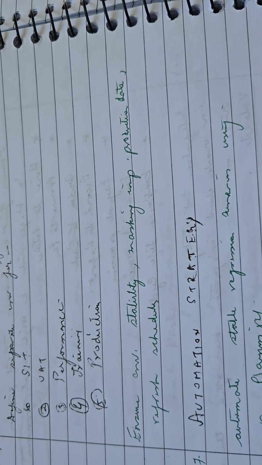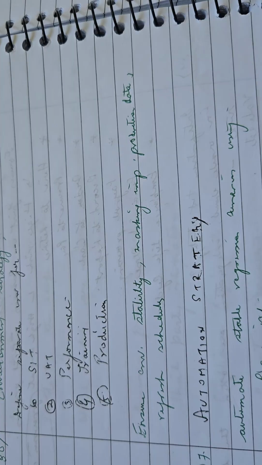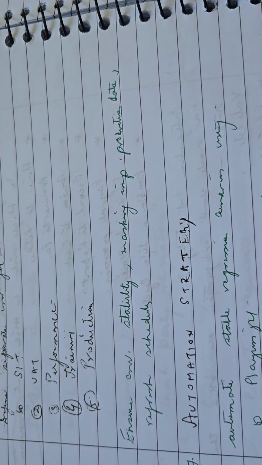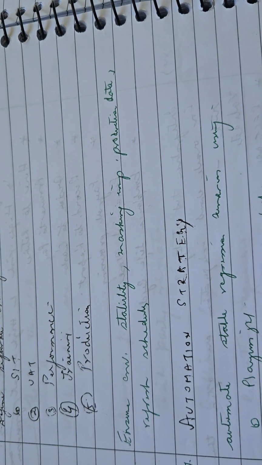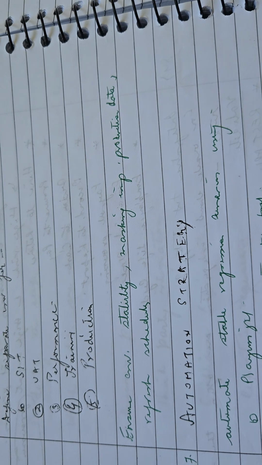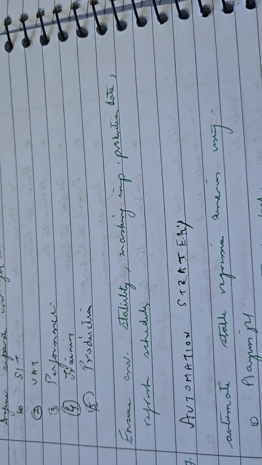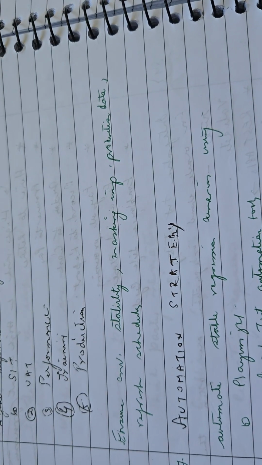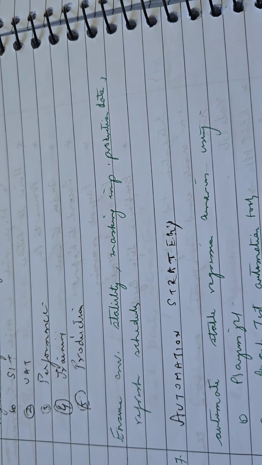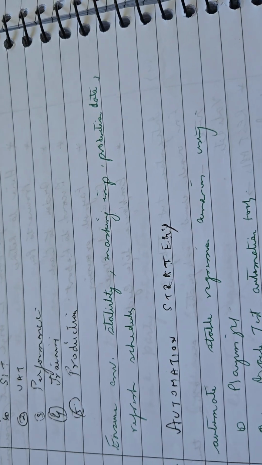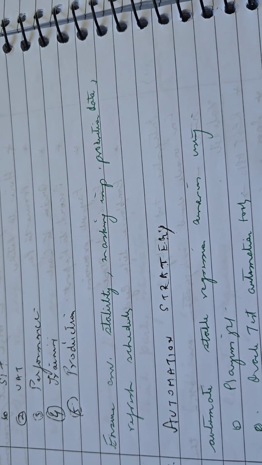And you should ensure the environment is stable. You are masking important production data if your environment is a replica of production, and you should have a refresh schedule. So when you are creating a project plan, the data refresh should be in place.